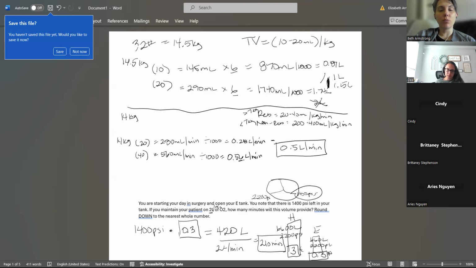How many of you run that pet on a rebreather at 0.5 liters per minute as maintenance? Or what do you run them at? We normally do one. Usually one, all right. Some people I've seen go all the way up to 2 for some of those.